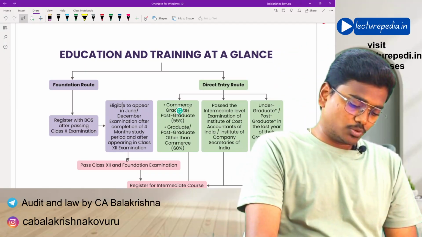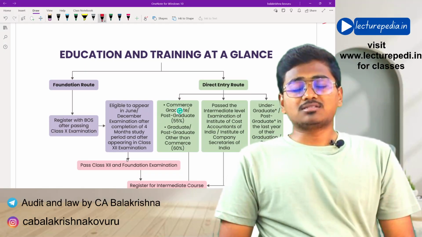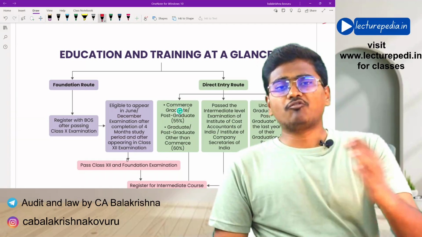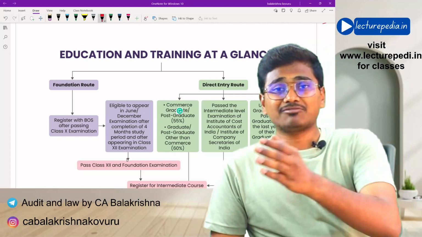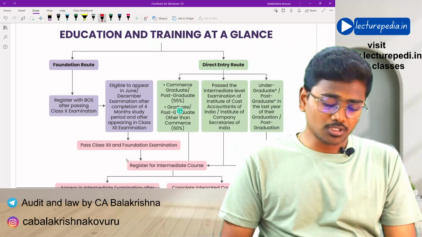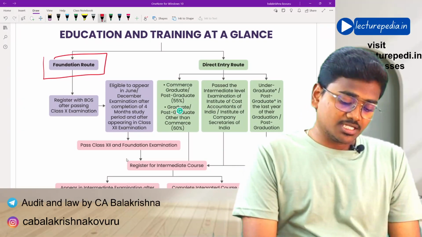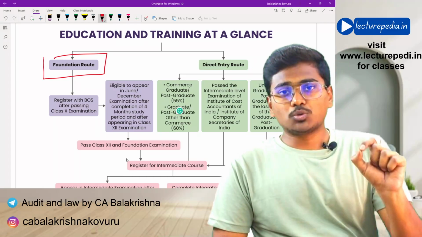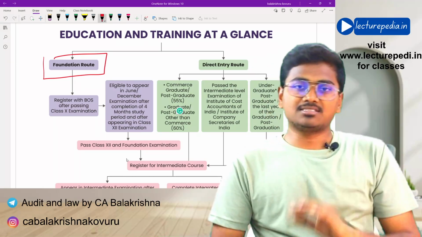First of all, you can join the CA course through two routes. One is the foundation route and another one is the direct entry route. To enter the CA course through the foundation route, you have to complete your 10th class examinations.